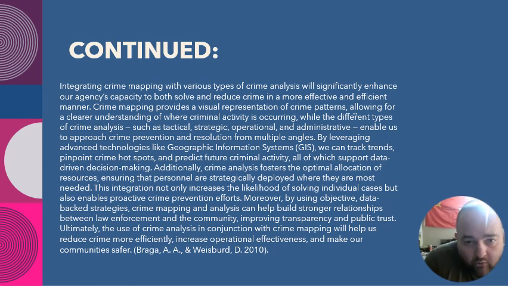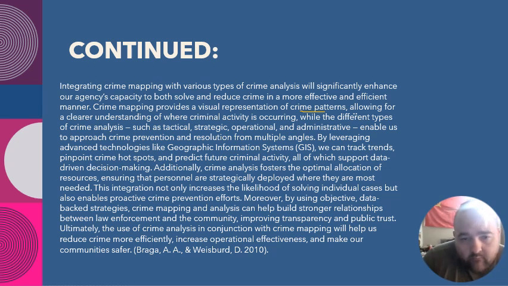Integrating crime mapping with various types of crime analysis will significantly enhance our agency's capacity to both solve and reduce crime in a more efficient and effective manner. Crime mapping provides a visual representation of crime patterns, very important, allowing for a clearer understanding of where criminal activity is occurring.